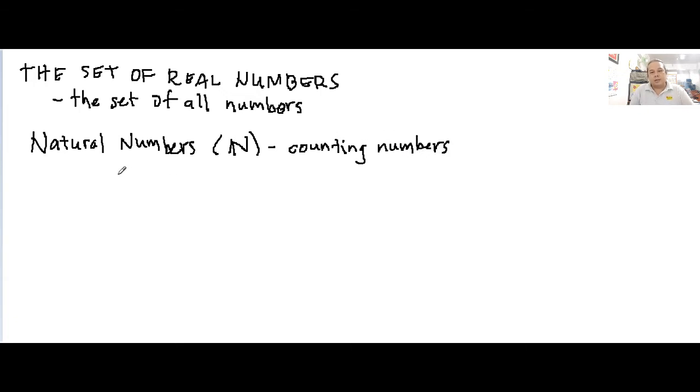So this includes 1, 2, 3, 4, 5, and so on. So these are the numbers that you use to count. So is 0 included? No, because you don't count starting with 0. You count starting with 1.